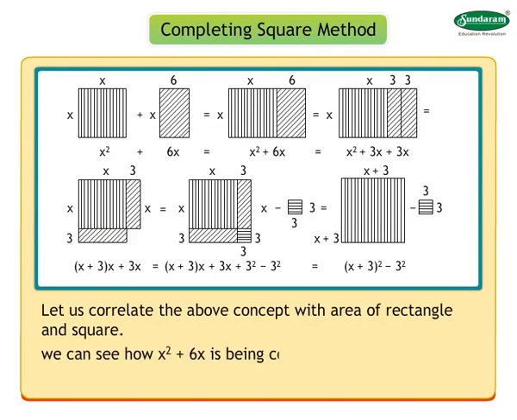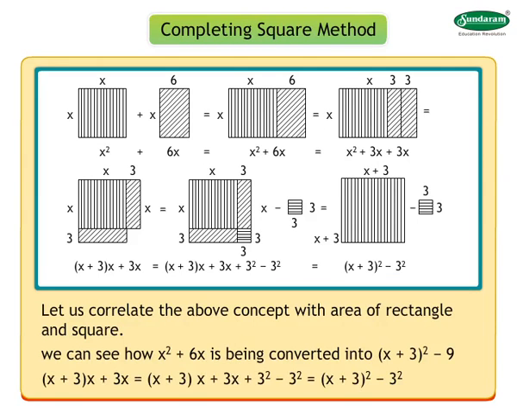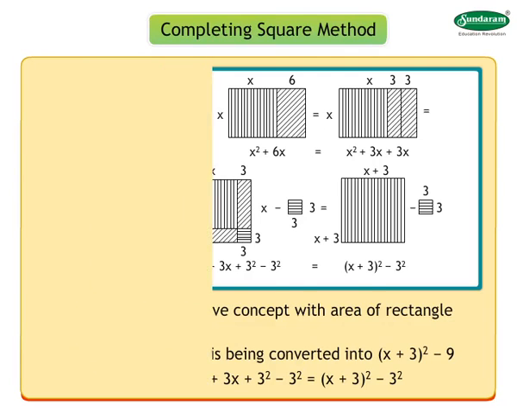We can see how x square plus 6x is being converted into (x plus 3) whole square minus 9. x plus 3 into x plus 3x is equal to (x plus 3) into x plus 3x plus 3 square minus 3 square is equal to (x plus 3) square minus 3 square.